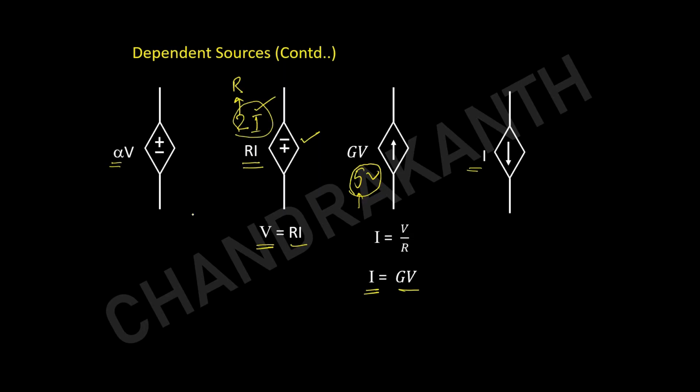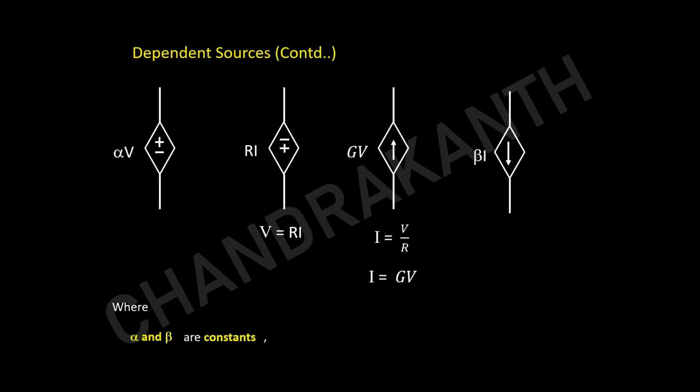So we are replacing V by alpha into V and replacing the current by beta into I, where alpha and beta are just constants, R is the resistive element in ohms, and G is the conductance. The unit for conductance is mho or Siemens. This is all about dependent sources. I hope it is clear. Thank you.